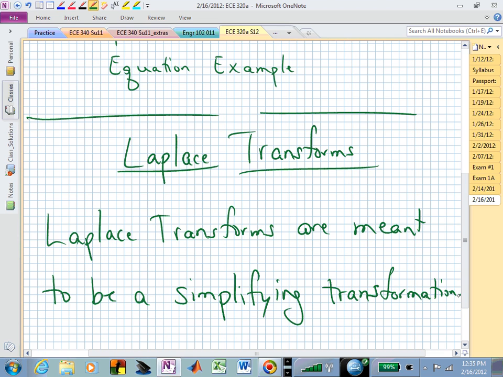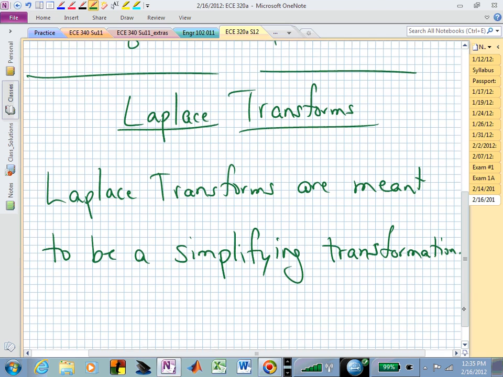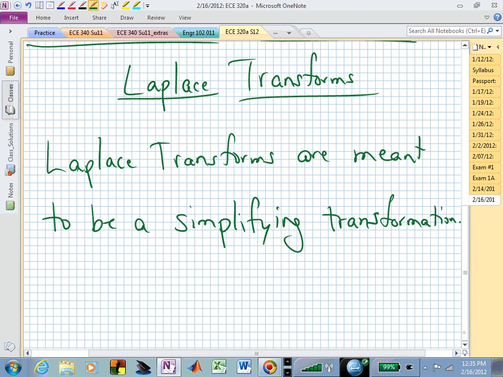And you may want to just keep mumbling that under your breath. This is a simplifying transformation. This is a simplifying transformation. If it seems to be going the other direction, what it's going to allow us to do is this conversion that I had just spoke about.